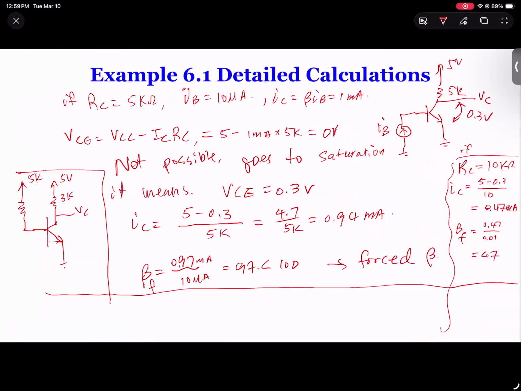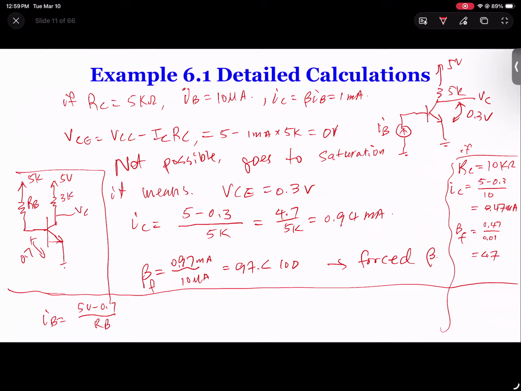They want you to calculate IB and to realize the same current. Now, as one approximation, you can approximate VBE to be 0.7, so you can calculate IB equal to (5 volts minus 0.7) divided by RB.